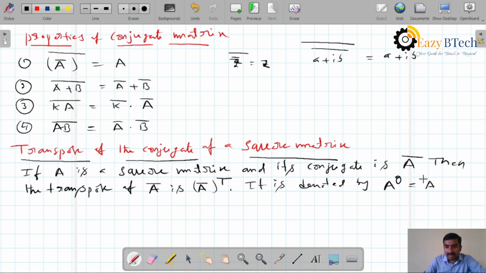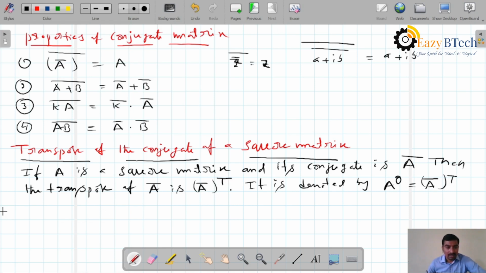That means A power theta means A conjugate whole transpose. So once again, if A is a square matrix and its conjugate is denoted by A bar, then for the transpose of A bar, first we have to find A bar. After that, transpose A bar, replacing rows by corresponding columns or columns by corresponding rows. It is denoted by A conjugate whole transpose, or A power theta.